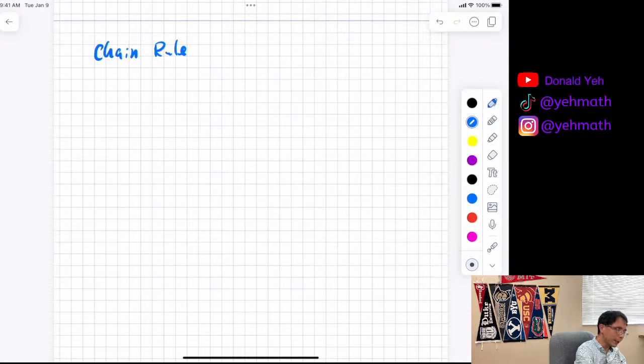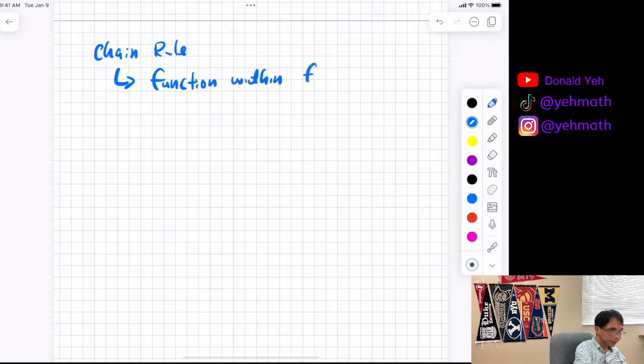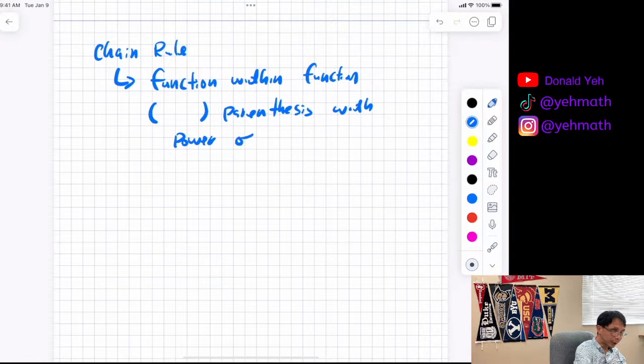So the way I told people to recognize when to use chain rule is usually the time that you got a function within the function, or a parentheses, with power other than 1.